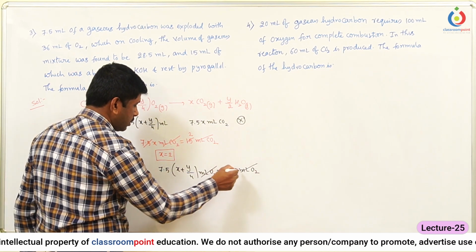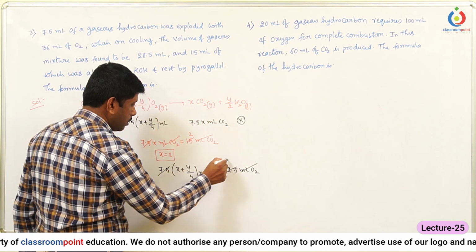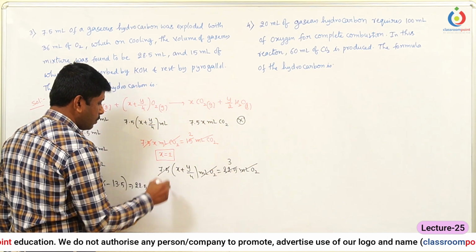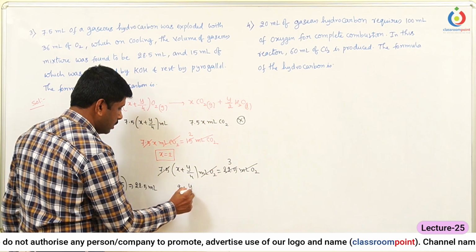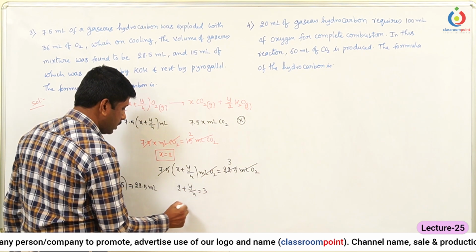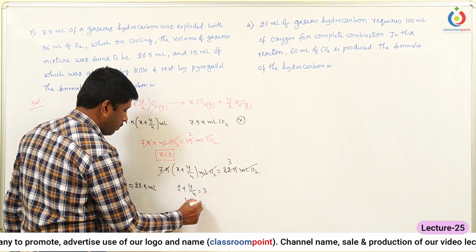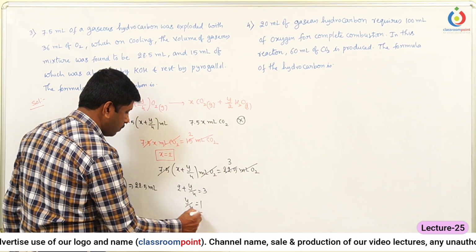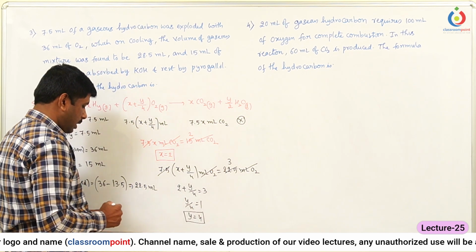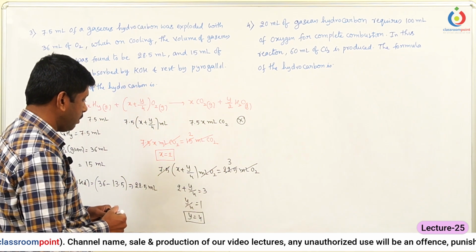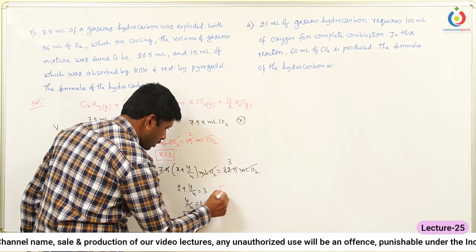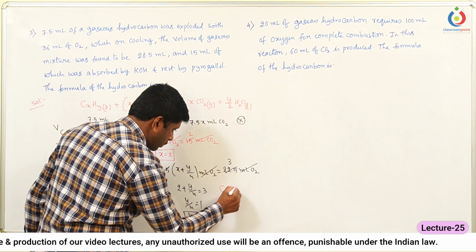The ml of O2 cancel out. It goes 3 times. X value is 2. 2 + y/4 equals 3, y/4 equals 1, y equals 4. So the formula of the final molecule, that means the hydrocarbon, is C2H4.